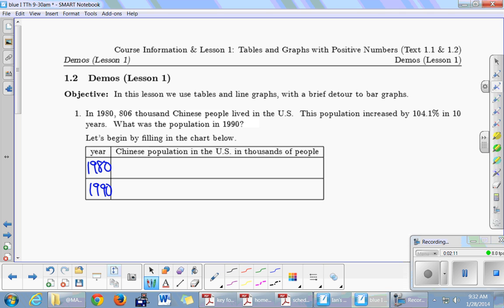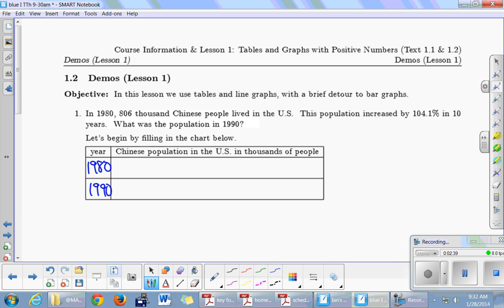Okay, we definitely have to deal with the decimal point and that percentage. And I think you're exactly on the ball in terms of how we're going to figure out that bottom number. That's the tougher problem. I still have to figure out what's going on in that first row, which is the easier one. Is it 806 or is it 806,000?